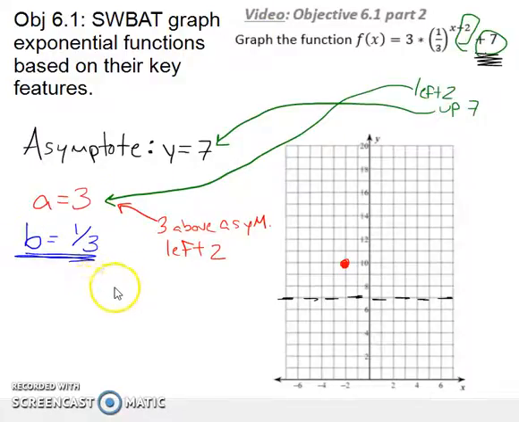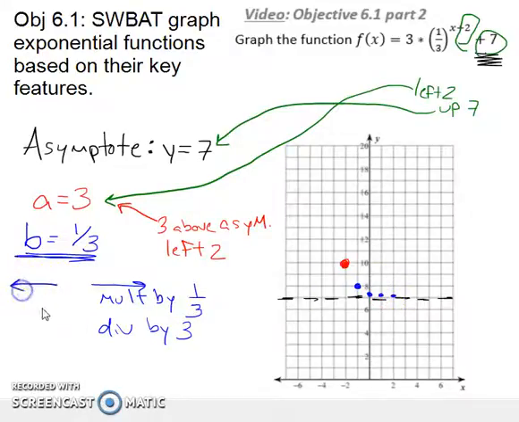So since b equals 1/3, as you go forward, you multiply by 1/3. And just as a reminder, that is the same thing as dividing by 3. So here, 3 above the asymptote, if you divide by 3, you get 1 for the next dot. 1 divided by 3 is 1/3, and then it's obviously just really close to the asymptote.